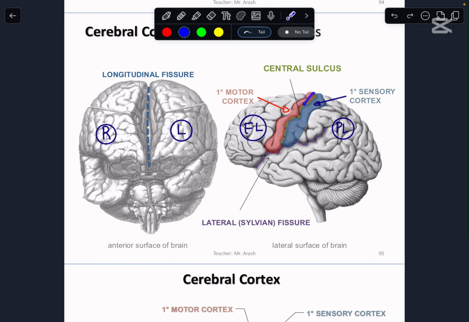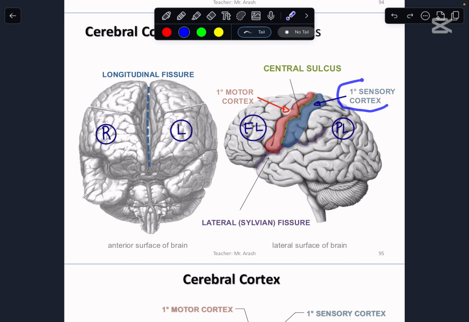In summary, the frontal lobe's job is to execute, to help you think and make conscious decisions, but it primarily helps you move. And so out of the entire frontal lobe, the primary motor cortex, which is right in front of the central sulcus, is the most important execution center, essentially allowing you to move.